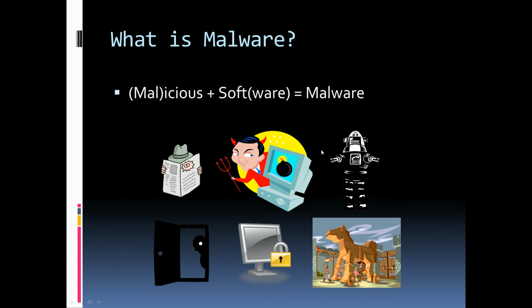So what is malware? Malware, the word, is a concatenation of the words malicious and software. It is software that wants to do some harmful thing to a computer system. Malware comes in a few different forms. I got some silly pictures there that kind of depict that. It can be spyware, like the guy with the newspaper there.